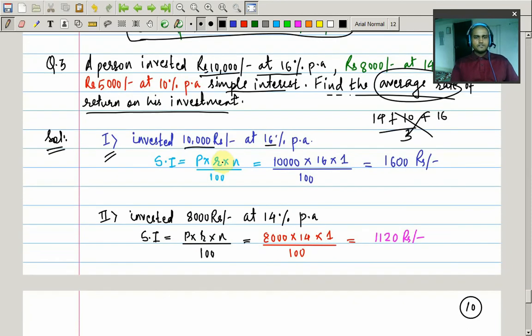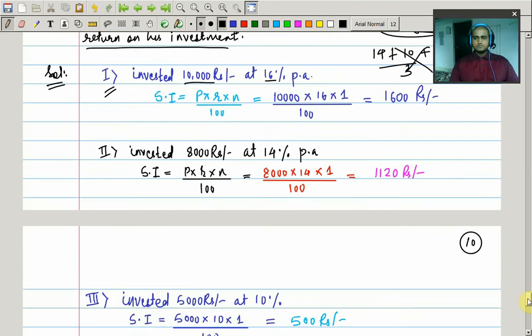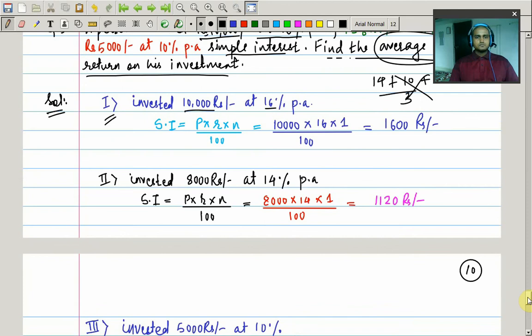So what we have to do, we have to find the interest gained in all these three investments, and the original amount he invested.